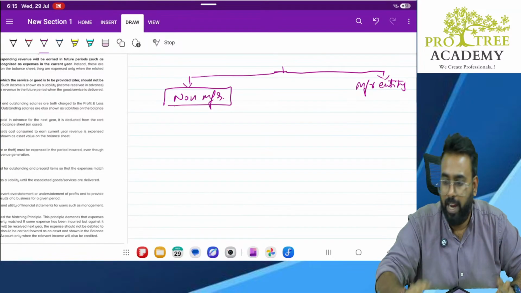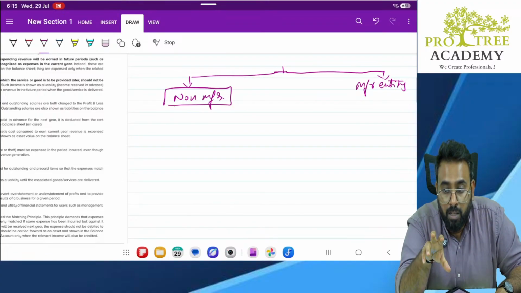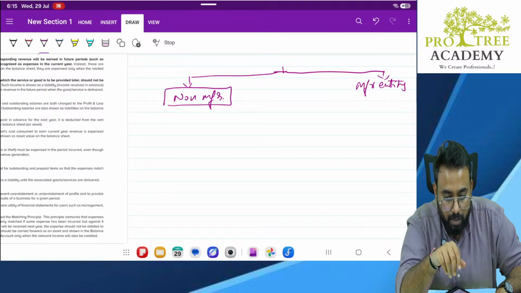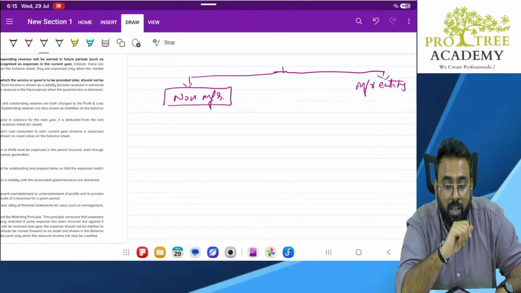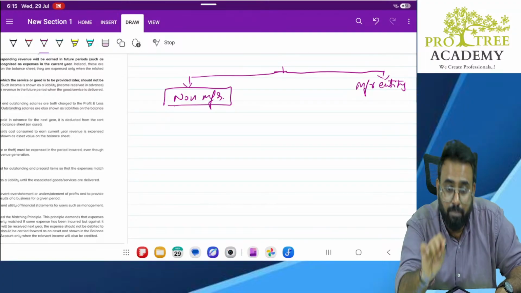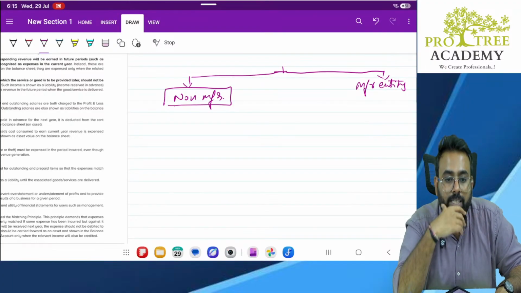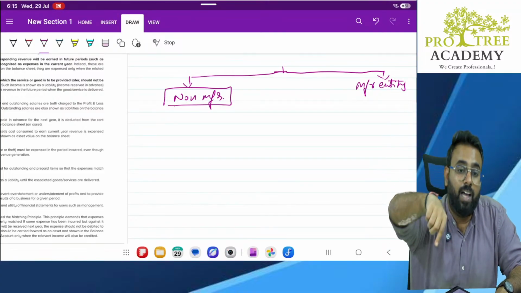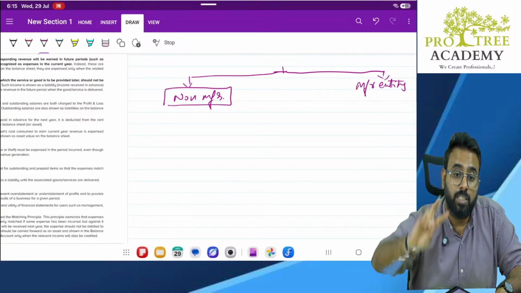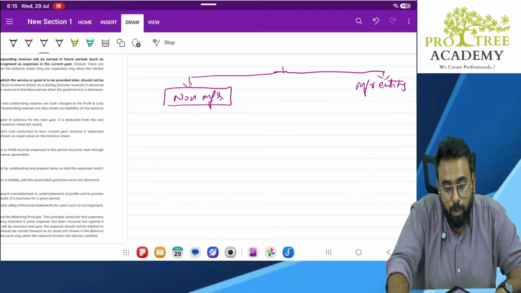Original equipment manufacturers. In a lot of cases, especially consumer cars, I don't know how many of you are aware of this, but whenever you buy a new car and, say, five years down the line you want to change the tire, it is very difficult to get the same tire which was put by your company at the beginning. Sir, why is that? Because the tire which was put inside the car earlier was a customized design made by your showroom people, I mean your automobile company.